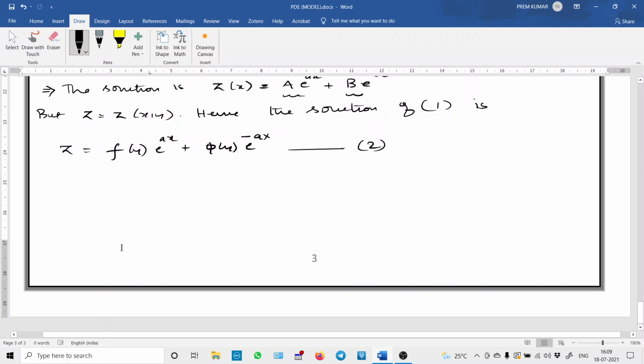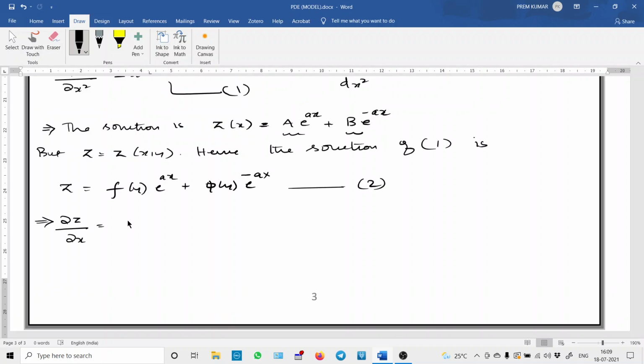So what I have to do is differentiate equation 2 partially with respect to x. So what is ∂z/∂x? Just concentrate on equation 2. ∂z/∂x equals, this is a function of y, as it is we can write. The differentiation of e^(ax) is a e^(ax), plus, the differentiation of e^(−ax) gives −a, and ψ(y) is a constant, e^(−ax).